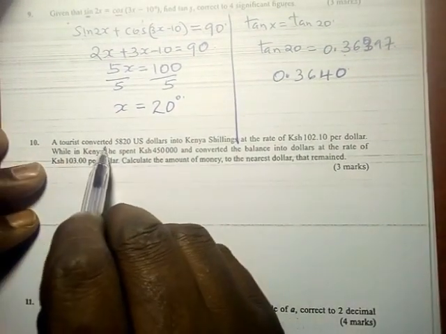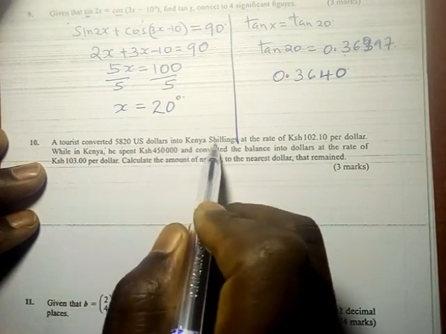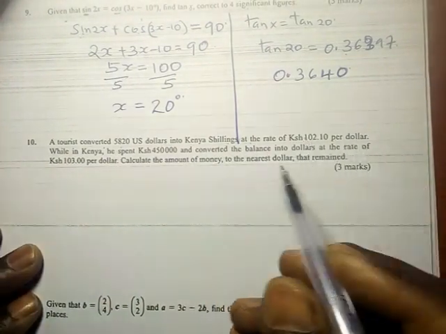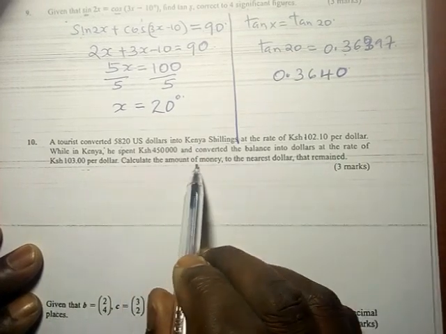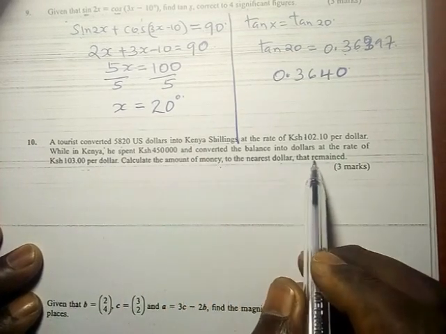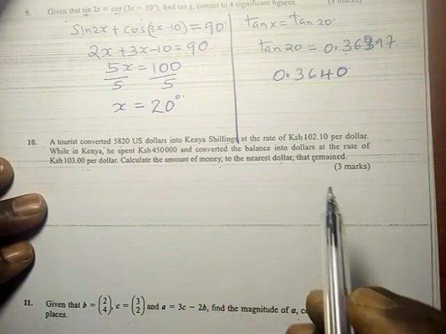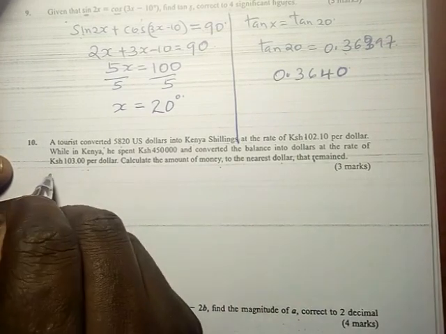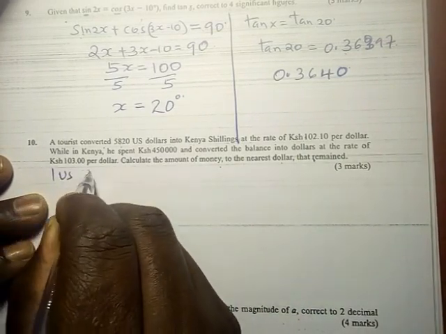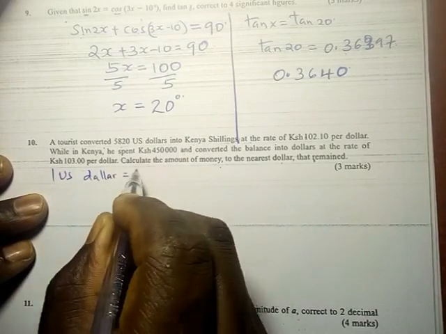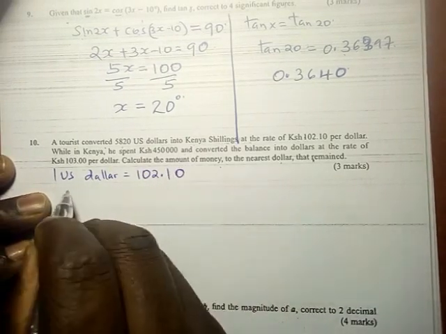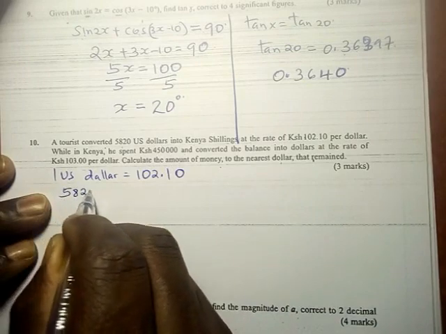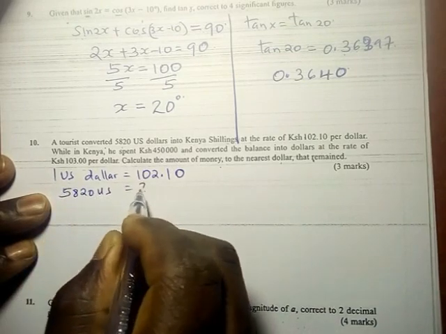A tourist converted these US dollars into Kenya shillings at the rate of this, while in Kenya spent this. Calculate the amount of money to the nearest dollar that remained. That one is simple. 1 US dollar is equal to 2 point. So 58.20 US will be what?